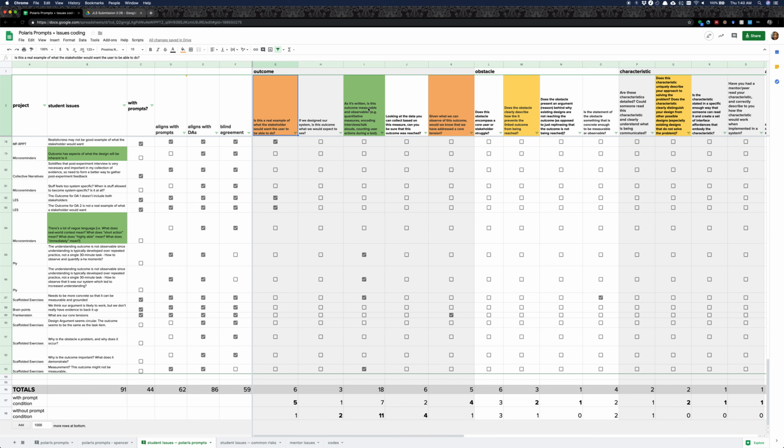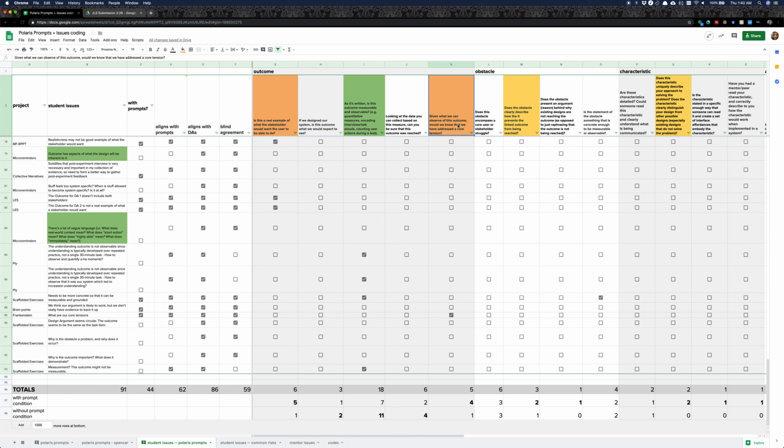In the with-prompt condition, students were much better at catching whether their outcome is an example of what the stakeholder would actually want the user to be able to do. They were also much better at catching: given what you're able to observe for the outcome, can you actually know from that whether or not you've addressed a core tension?